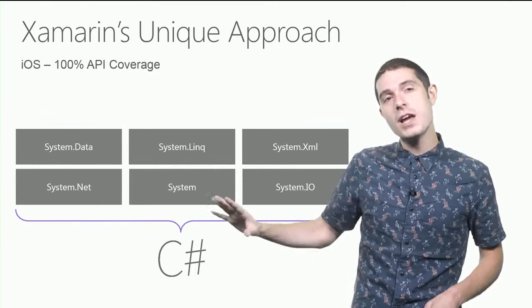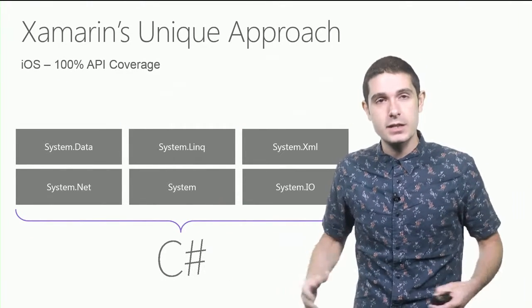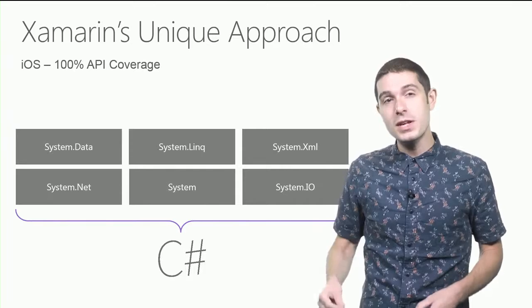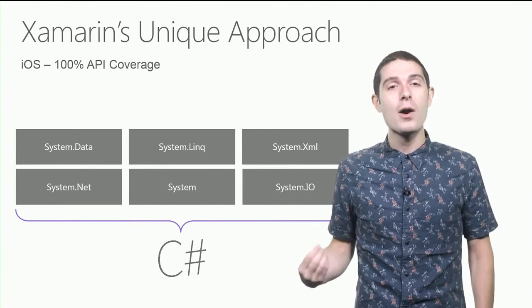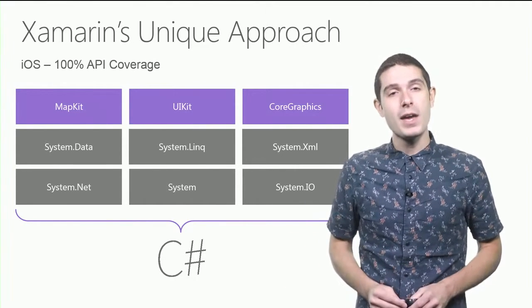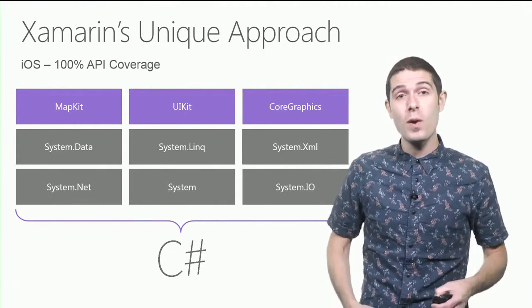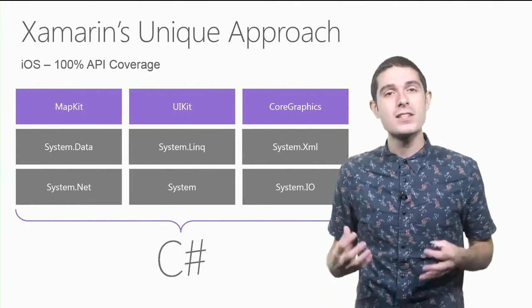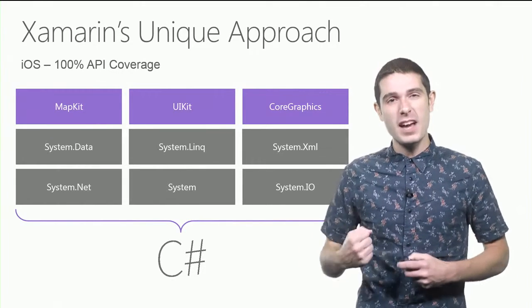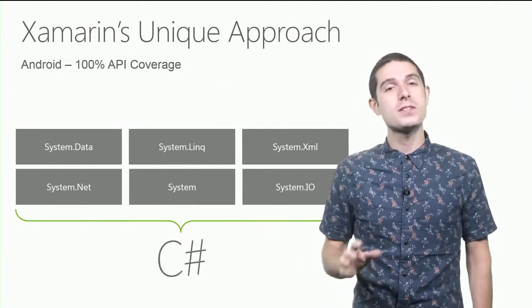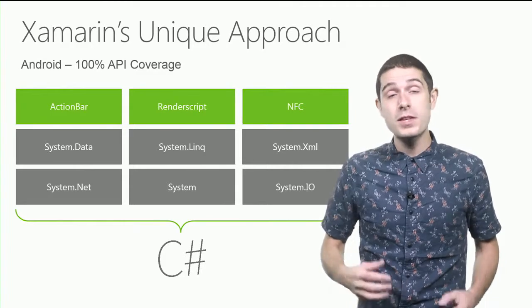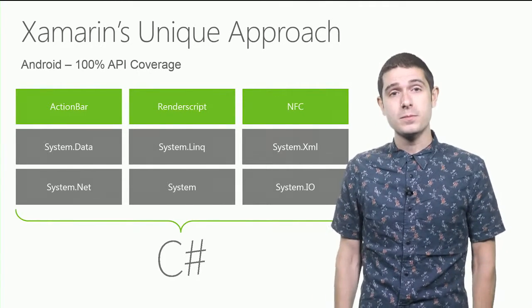You still get all of the .NET goodness, such as data and LINQ and XML, but we give you 100% API access on both iOS and Android for all the APIs. And you get to take advantage of C# features like LINQ, async await, lambdas, delegates, events, things that we know as C# .NET developers. And of course, we do the same thing over on Android, but with the Android APIs.